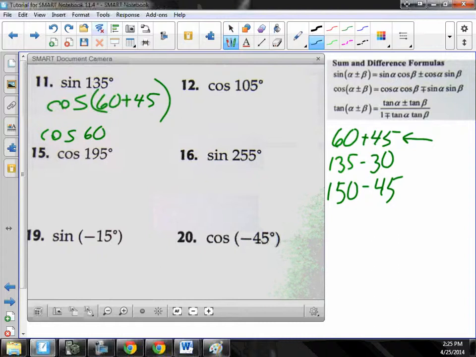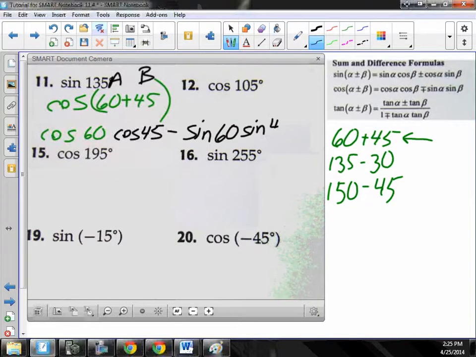So you see, this is alpha and this is beta. So cosine of alpha is cosine of 60. Cosine of beta minus sine of alpha, sine of beta. Does that make sense to everybody? Okay, so now all we have to do is look at the unit circle and find those ratios and plug them in.